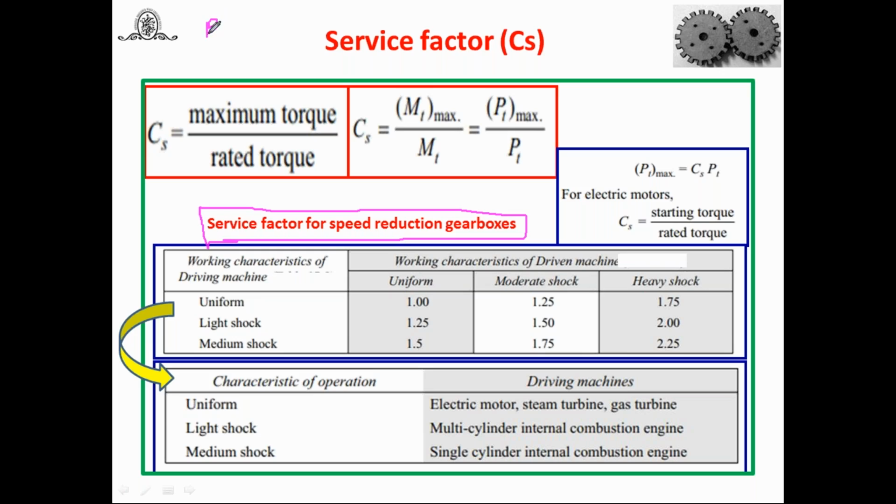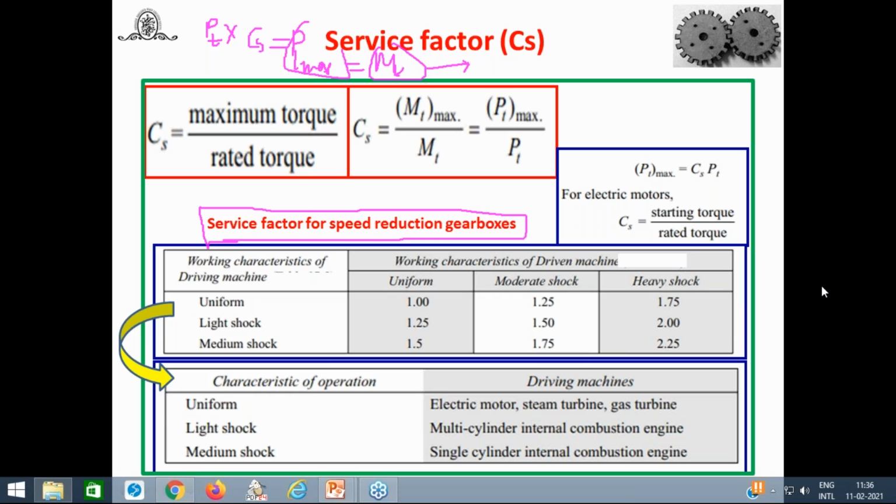Once you know the PT, this PT should be multiplied by the service factor, and here you will get the PT max, and from this PT max you will get MT max, maximum torque, and you can use this maximum torque or PT max in our spur gear design. Try to understand. And that's why service factor plays an important role.